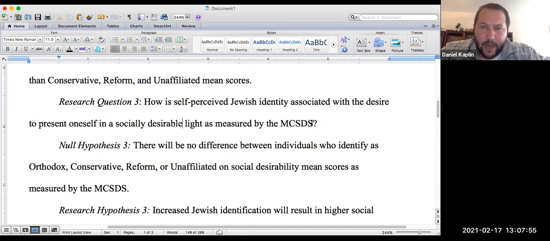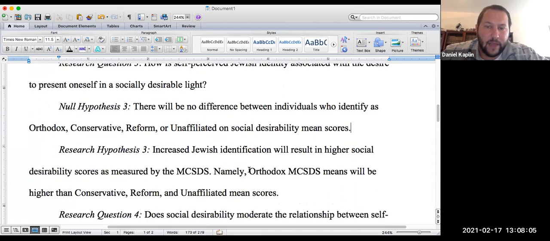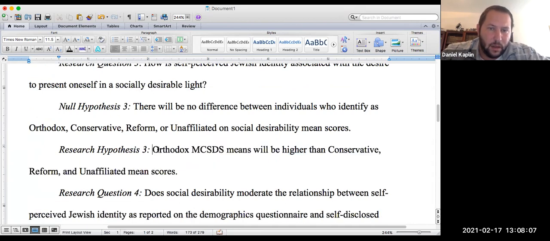All right, now we'll say there will be no difference in social desirability mean scores. That would be fine. And then the alternative hypothesis is Orthodox social desirability means will be higher.